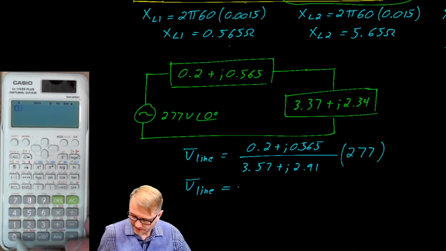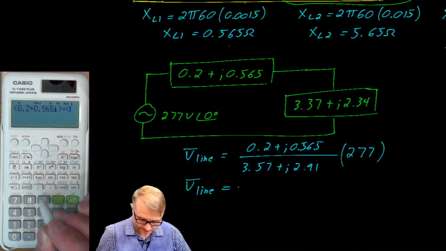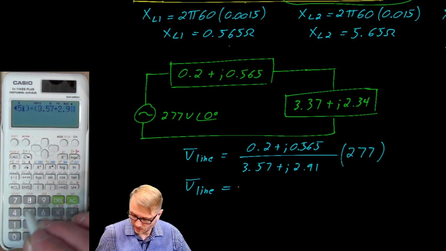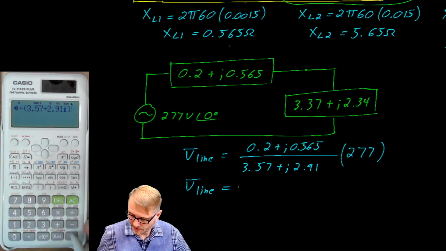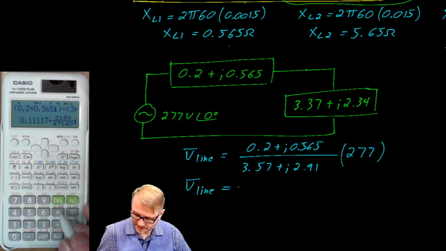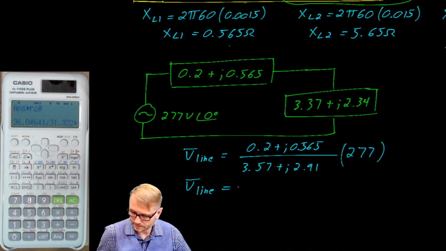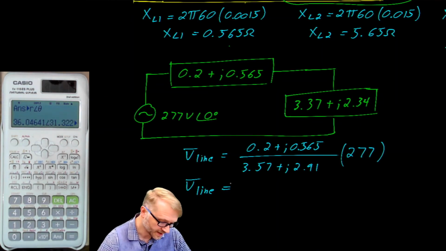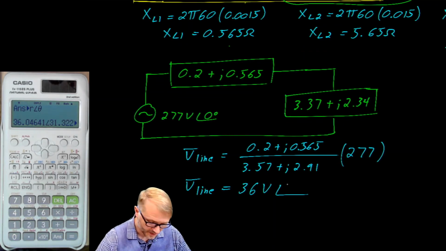Using the calculator, that's 0.2 plus 0.565j divided by 3.57 plus 2.91j, close, equals, and then you multiply this by 277 and put it into polar form. So the line voltage is about 36 volts at a phase angle of 31 degrees.